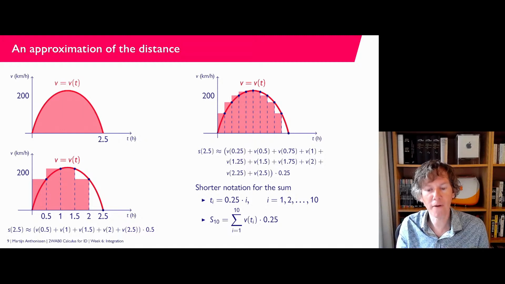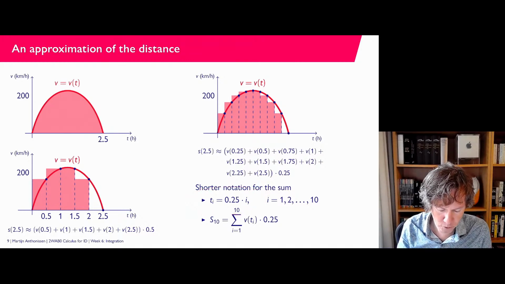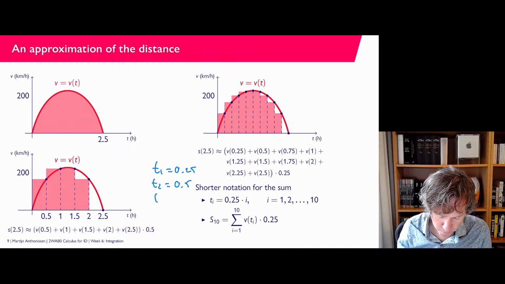But there is also a more mathematical notation. And that is if we introduce time points like this. So t_i is a time point. So we have t1 equals 0.25, t2 equals 0.5, t3 equals 0.75, and so on up to t10, which is 2.5.